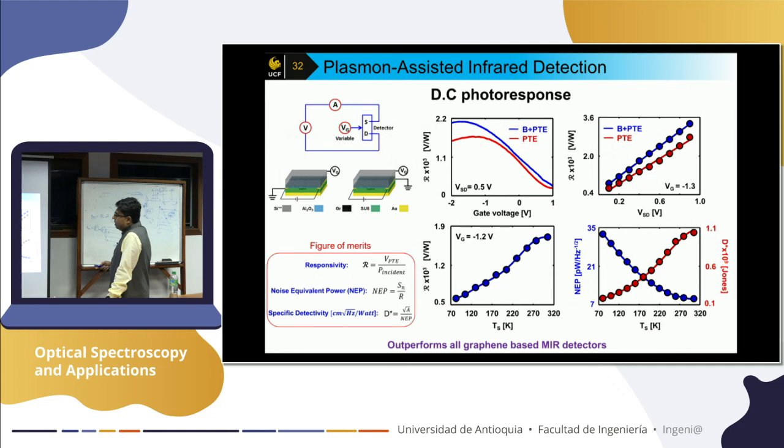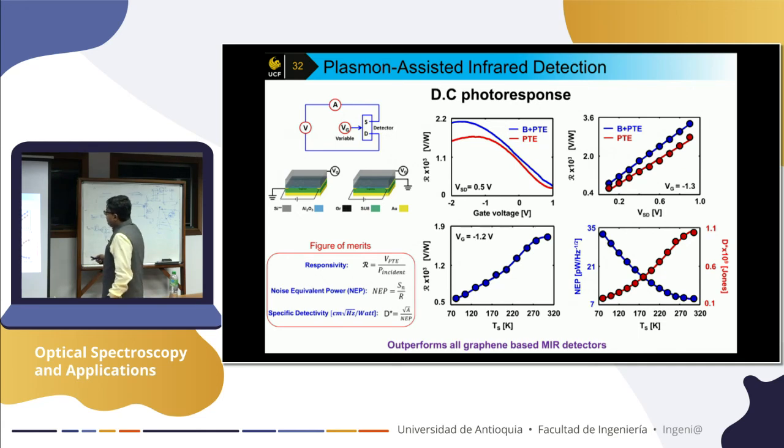This is light power, electrical power, and the ratio of that gives you the responsivity. And then you measure the noise. Noise means there is no light, you measure the noise, that's called noise power. So now you divide your signal by noise, and you create a new parameter called D star. This is simply the signal to noise ratio, and you want stronger signal and weaker noise. That is what we are after.